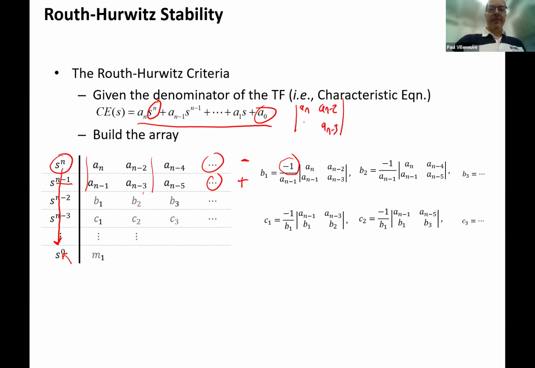Yep, keep going. Minus bracket. Not minus, right? Isn't it multiply?